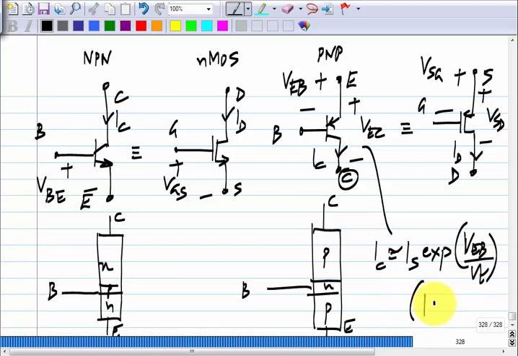And it has a slight linear dependence on VEC. Now, just like also with the NPN transistor, for hand calculations, you assume that VEB is 0.7 volts when it is on, or some fixed voltage that is given to you.